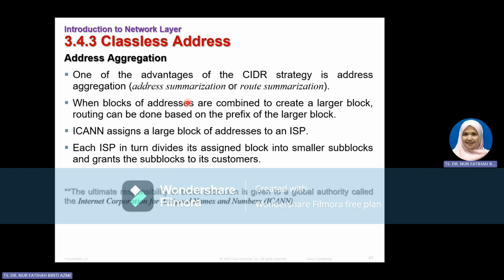Address aggregation is very useful because of the simpler routing table.